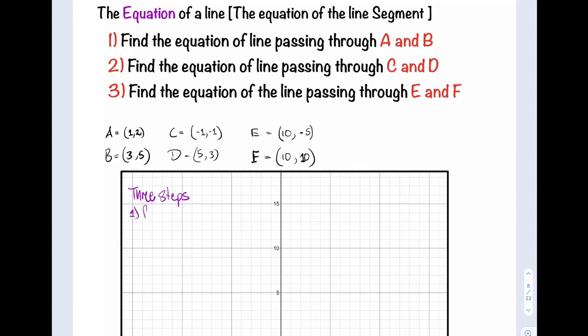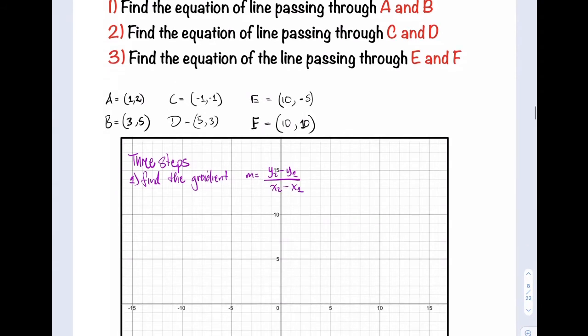Step one, we find the gradient, using the formula m is equal to y2 minus y1 over x2 minus x1, or we can use y1 minus y2 over x1 minus x2. We just have to make sure that we are consistent.